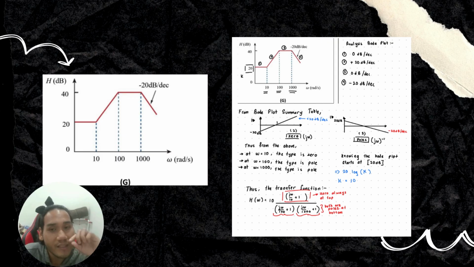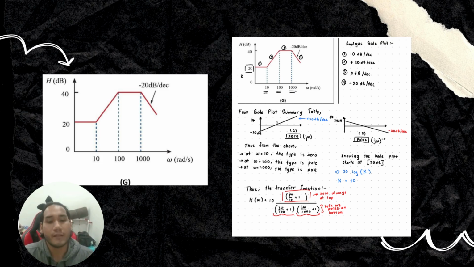Right here we can determine by looking at the slope. We have seen three different movements on our slope. The first one is increase, the second one goes flat, and the third one is decrease.